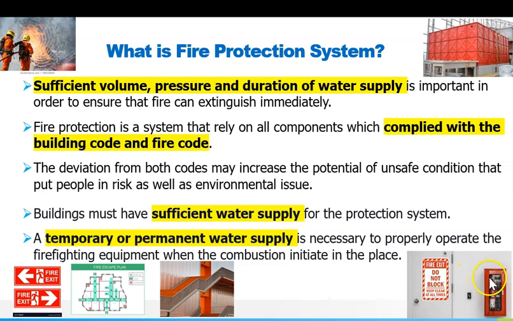And you need to have the fire extinguisher visible and easy to access, and also make sure all the fire exits will not be blocked. So it's very important. And the deviation from both codes may increase depending on the place. When the place involves lots of people, it is very important to have this fire protection system.